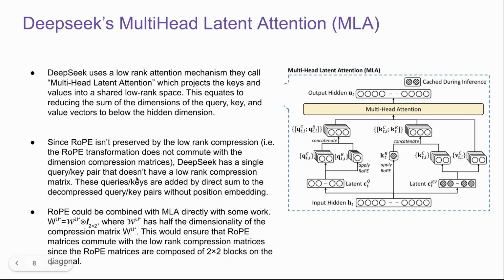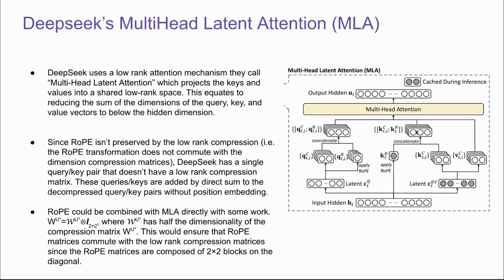They have a single query-key pair that doesn't have the compression matrix, and these queries and keys are added directly to the decompressed queries and keys without position embedding. So as you can see, this one has RoPE and this one has RoPE, but there are some matrices that don't have RoPE, so they don't have any position encoding, and we concatenate the parts with RoPE and without RoPE, and do a dot product to get the multi-head attention.